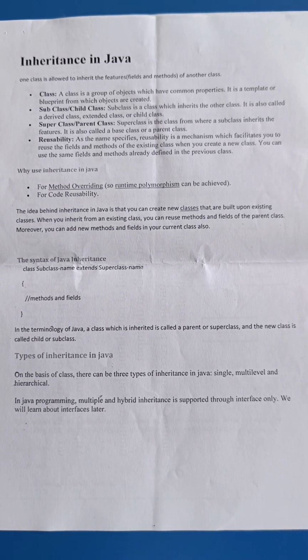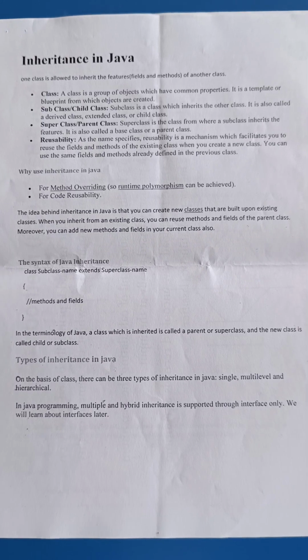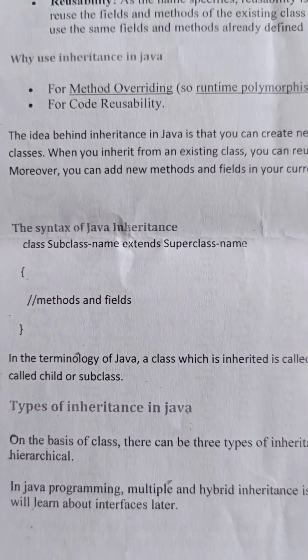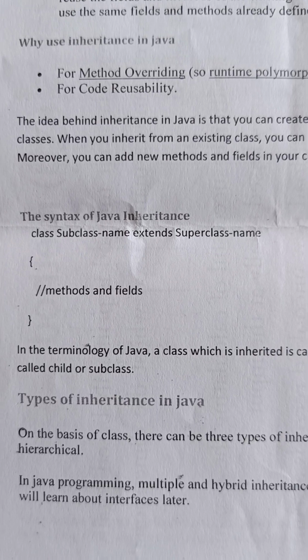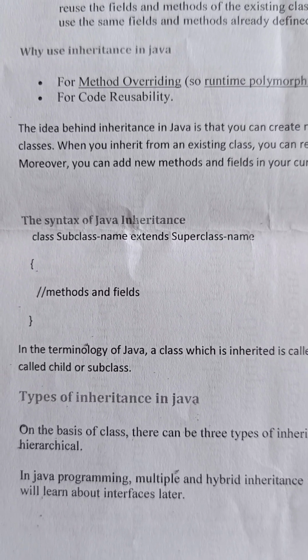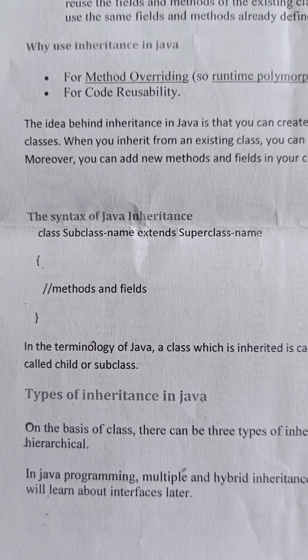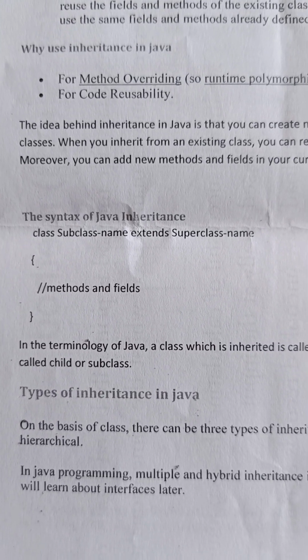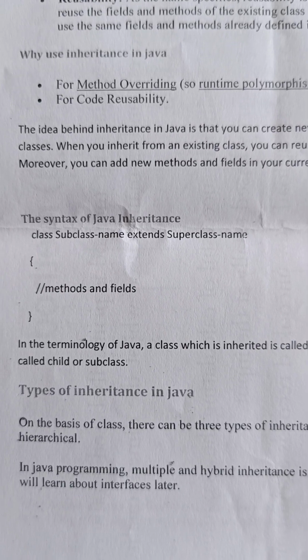And what is the syntax for Java inheritance? It is class, subclass name, extends, superclass name. Then inside it you can have methods, variable declarations and fields.